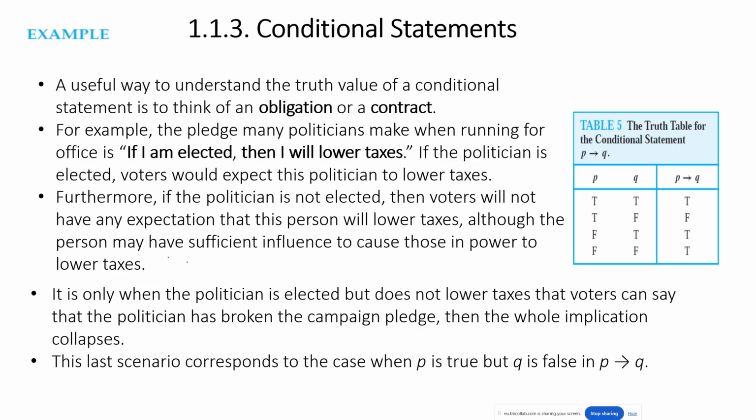So if I'm elected, this is the P, this is my pointer. If I am elected, this is the P. Then I will lower the taxes. This is the Q.